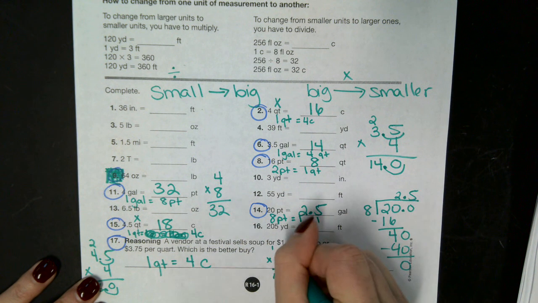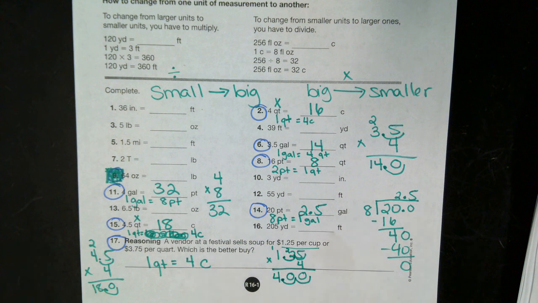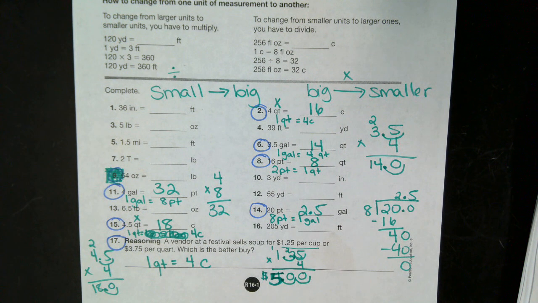Move the decimal out. Move it back in. So if I walked up there and said, hello, please give me 4 cups of soup, how much would it cost? $5. Thank you, babe. $5. It would cost $5 to get 4 cups.